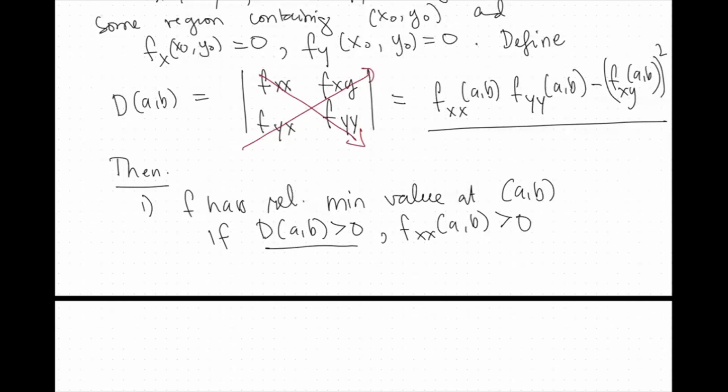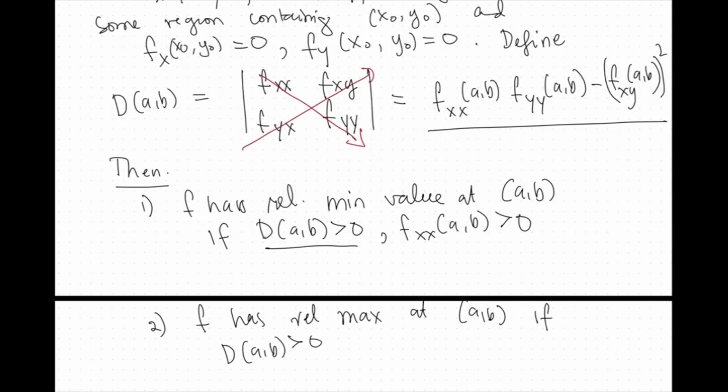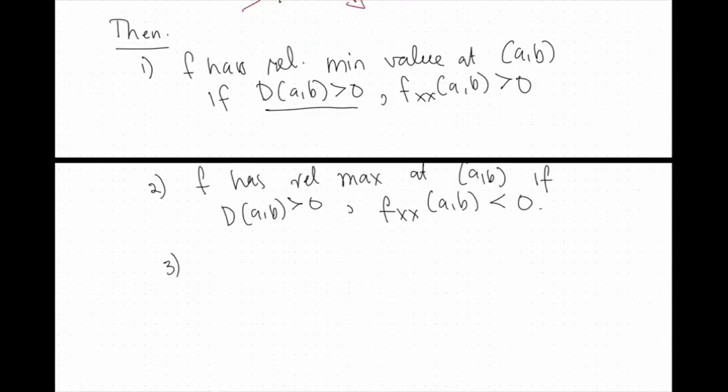The second one is f has a relative max at (a, b) if D(a, b) is greater than 0 and fxx at (a, b) is less than 0. The other one is f has a saddle point.